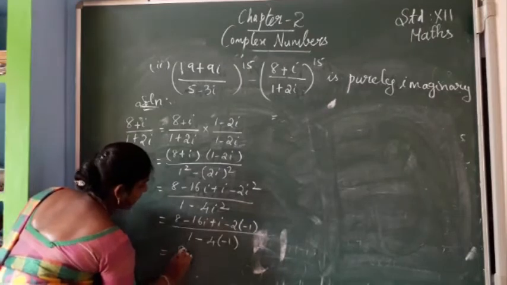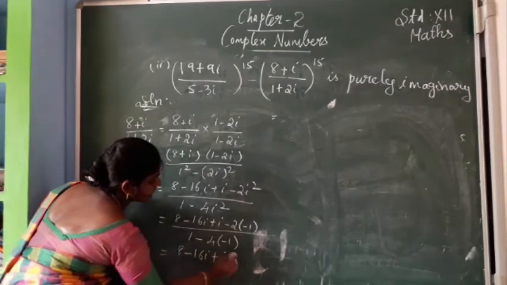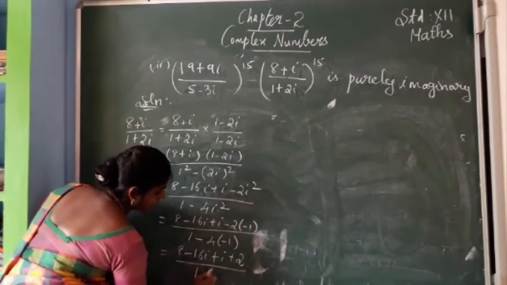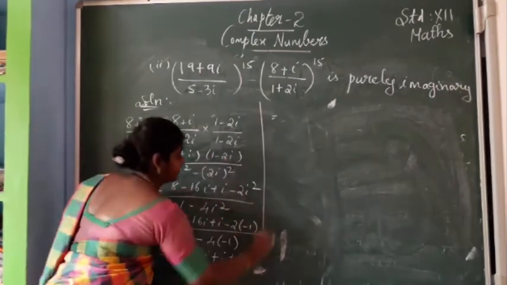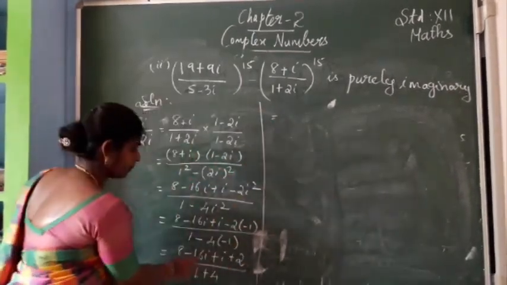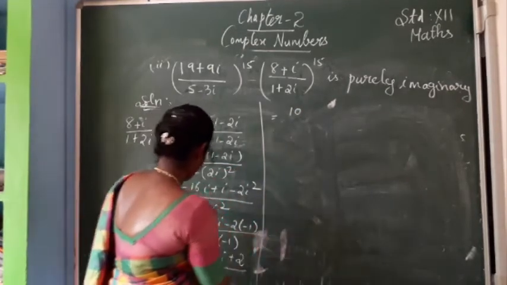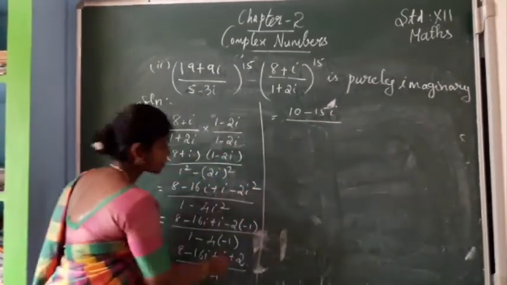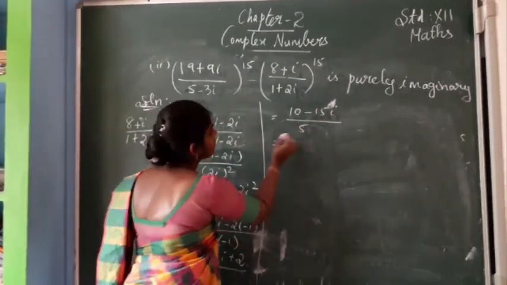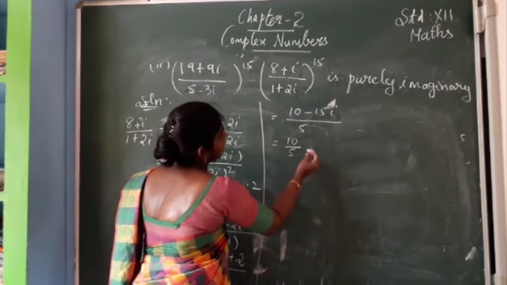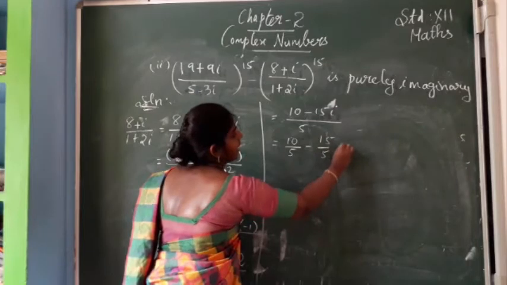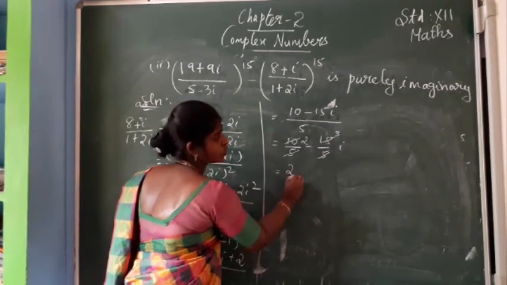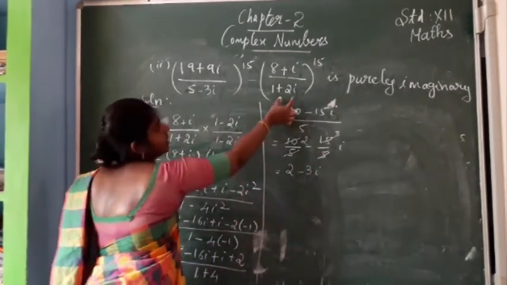That's equal to 8 minus 16i plus i, minus into minus, plus 2, divided by 1 plus 4. That's equal to 8 plus 2, the value is 10, minus 16 plus 1, the value is minus 15i, divided by 1 plus 4, the value is 5. That's equal to 10 divided by 5 minus 15 divided by 5 i. So we can cancel this term, so 2 here, 3. That's equal to 2 minus 3i. This is for this part.